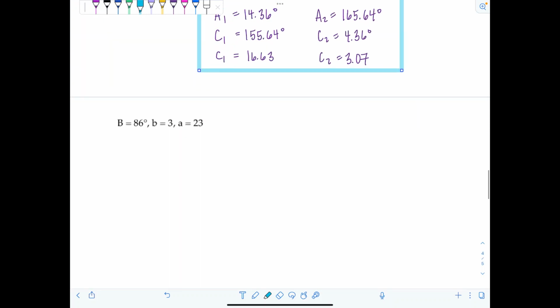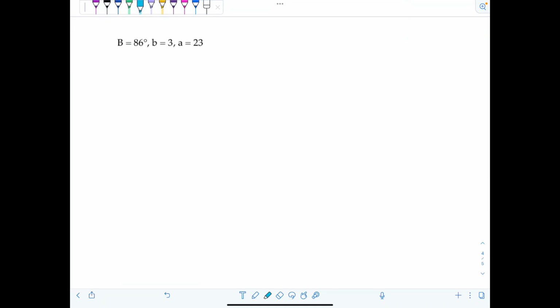Okay, last example here. Angle B is 86 degrees, side B is 3, and side A is 23. So draw the same old picture. Here's angle B, 86 degrees. Here's side B, 3, and here's side A, 23. First thing, get the height.